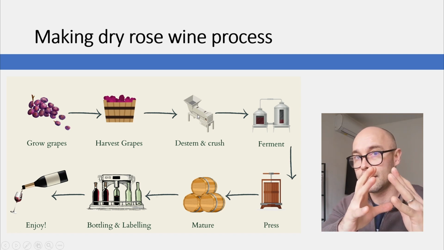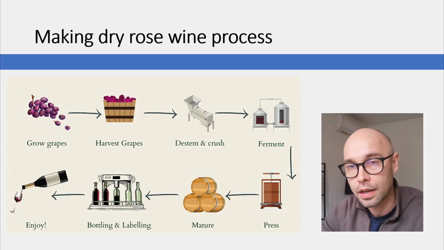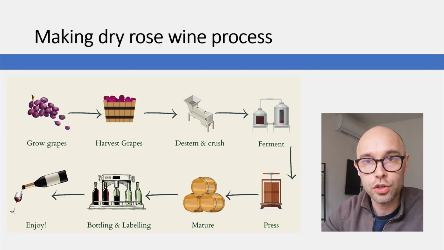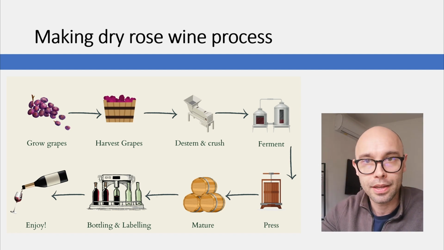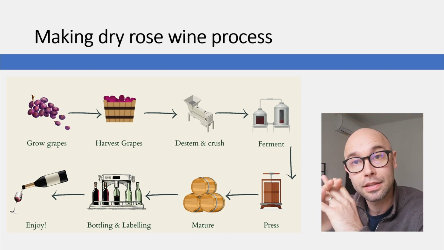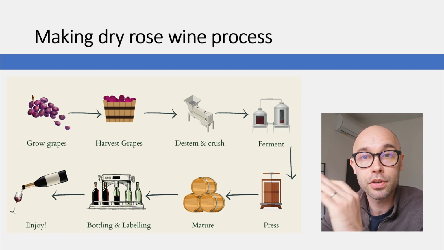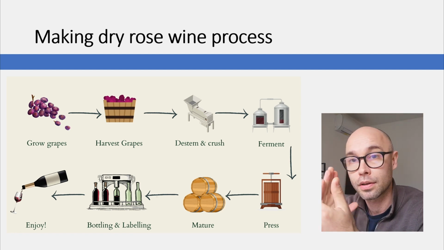Actually, in order to make rosé wine in a short maceration way, the process starts as you're making red wine. So you crush your grapes, and then the fermentation. The decision that you make during the fermentation process is very important. The fermentation temperatures for rosé wines are lower than red wines.